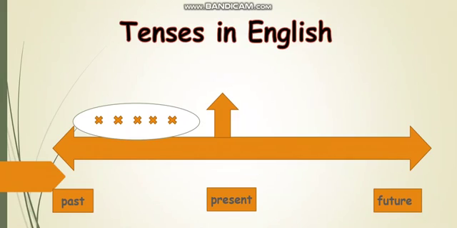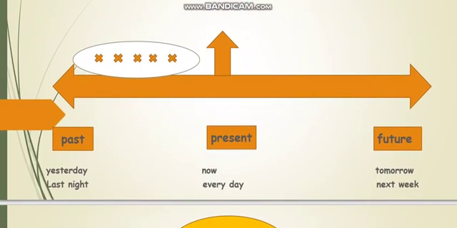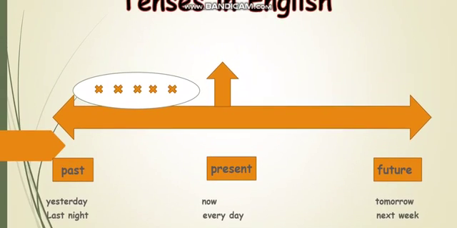We use the past tense when we have to describe the actions that started and finished in the past, that happened in the past, before now, before the present time, like yesterday, last night, last week. Okay. Number 2, we have a present.